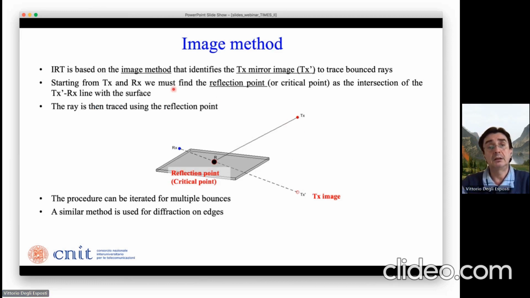Basically, we find the mirror image of the transmitter. We intersect the mirror image with the receiver, and we find the reflection point, also called the critical point. And then we draw the reflected ray according to this image method. The procedure can be iterated for multiple reflections, and a similar procedure can be applied for diffraction on edges.